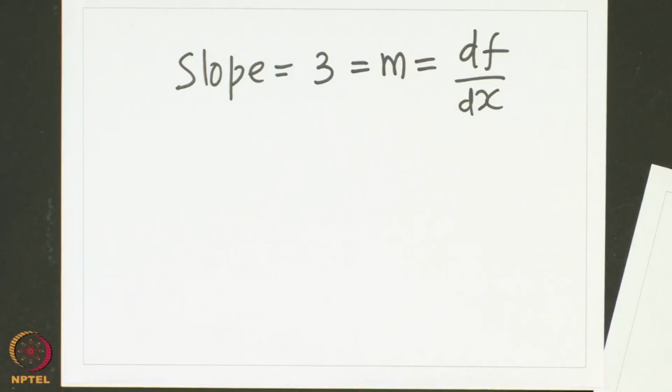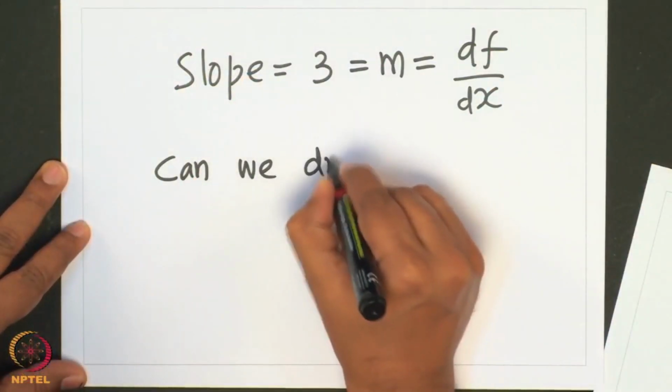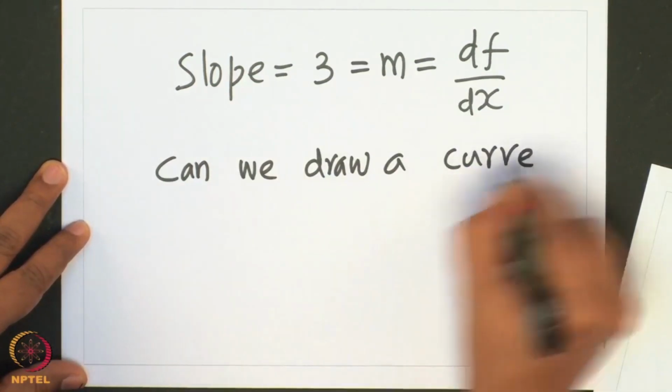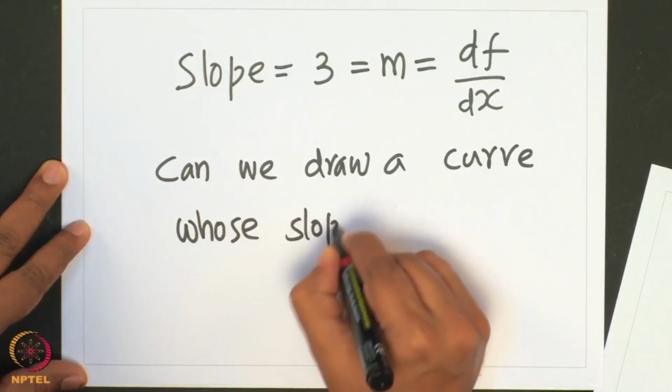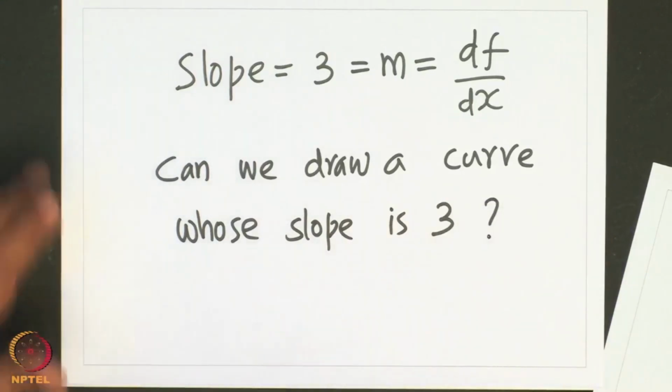Now, the question is, can we draw a curve whose slope is 3?